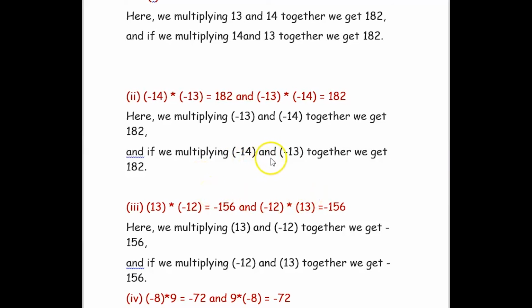And if you multiply 14 and 13, your answer will be 182. So in both the cases, you are getting plus 182. So we can say that negative 14 into negative 13 is equal to negative 13 into negative 14, and we have proved that A into B equal to B into A.